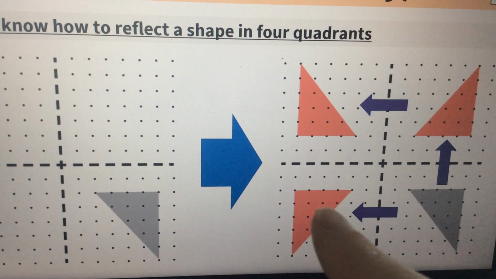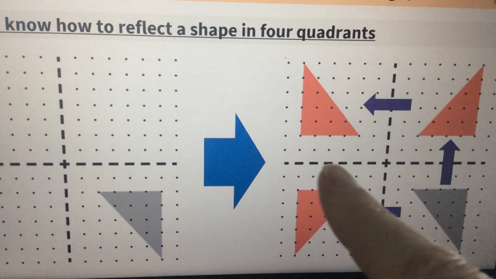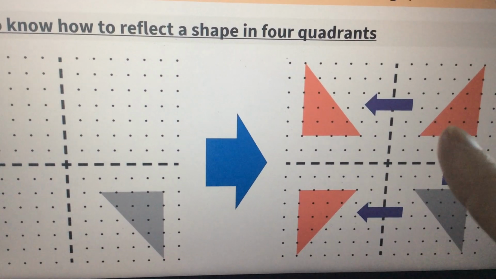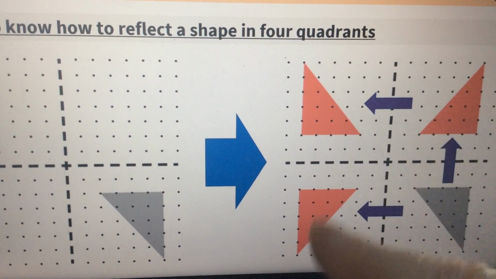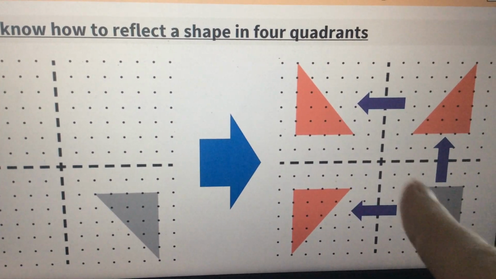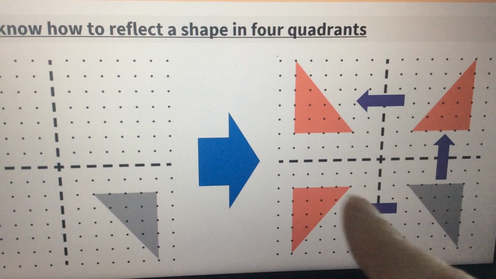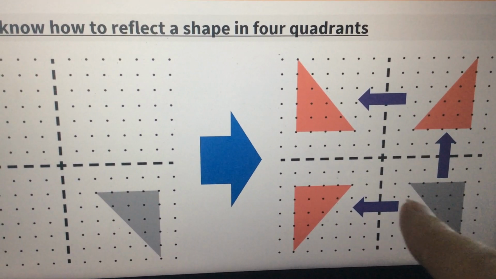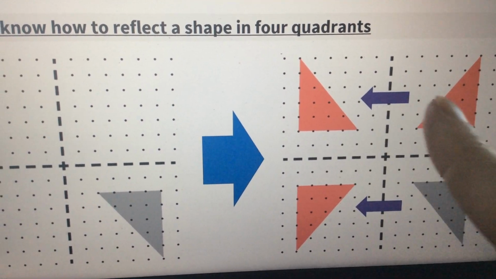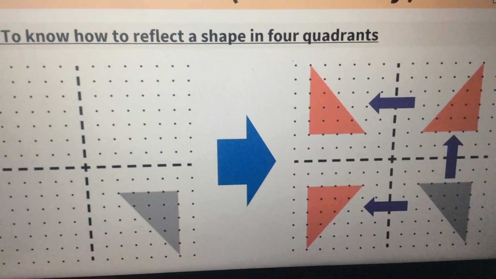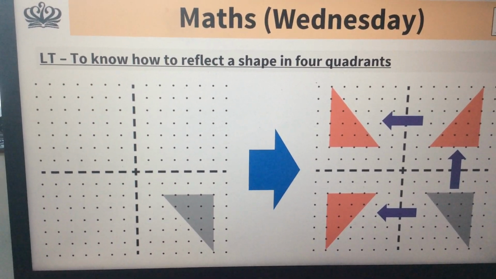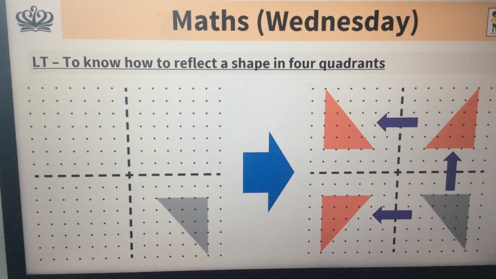And to get this one, we can either go from this one and reflect in the horizontal mirror line, or we can go from that one and reflect in the vertical mirror line. Okay, so the last one that you do will be the one that's diagonally opposite, but you can work that one out from the one that's here or here. Okay, so it's just working logically, doing one quadrant at a time.